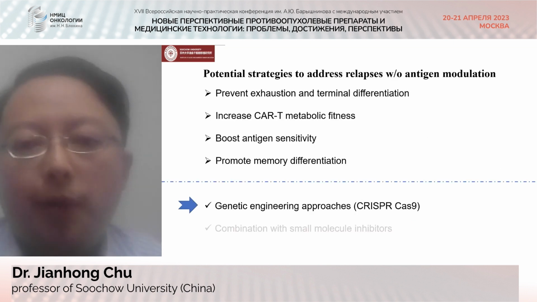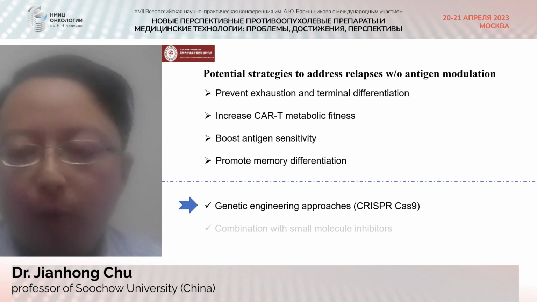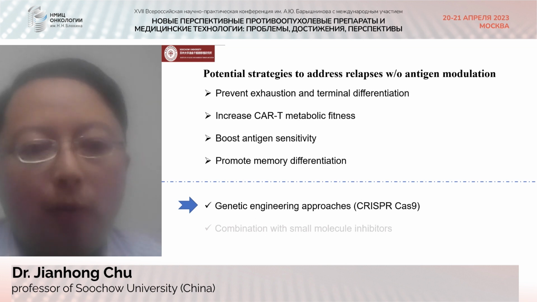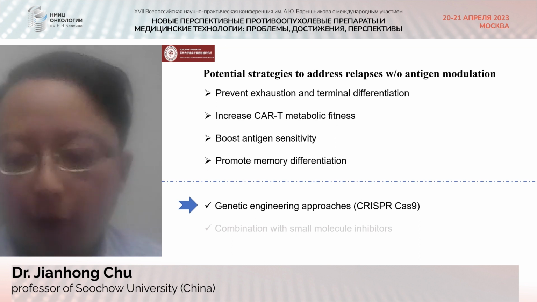Potential strategies to address this kind of relapse include preventing exhaustion and terminal differentiation, increasing CAR T metabolic fitness, boosting antigen sensitivity, and promoting memory differentiation. This can be implemented through genetic engineering approaches as well as combination with small molecule inhibitors.